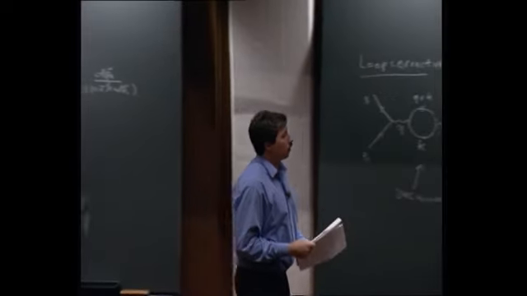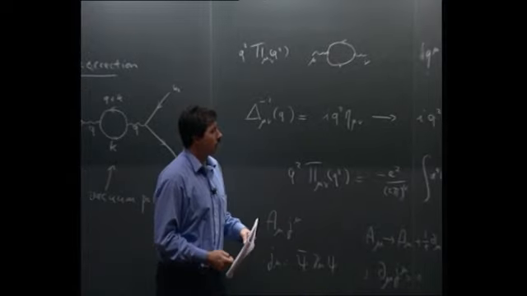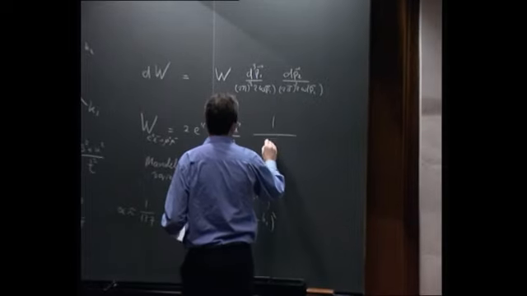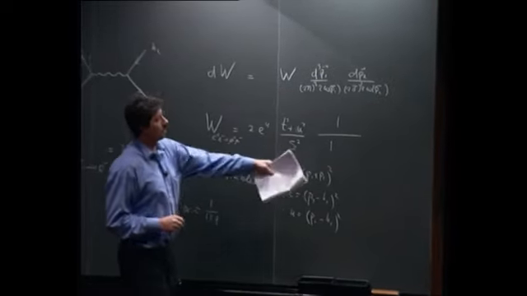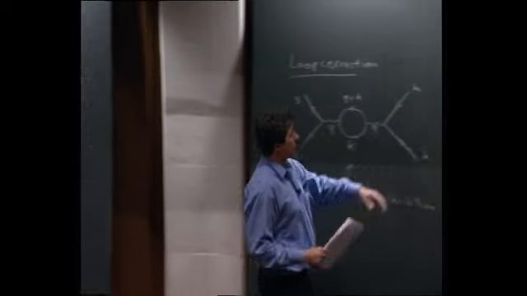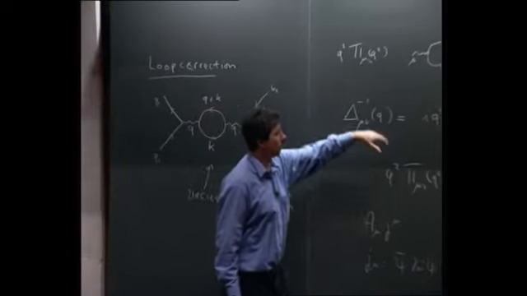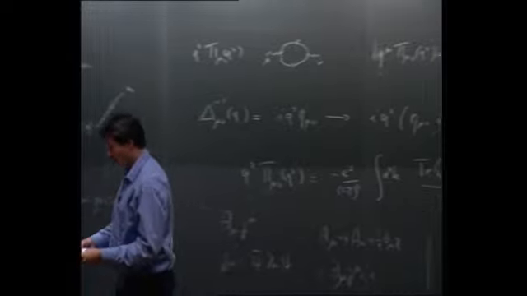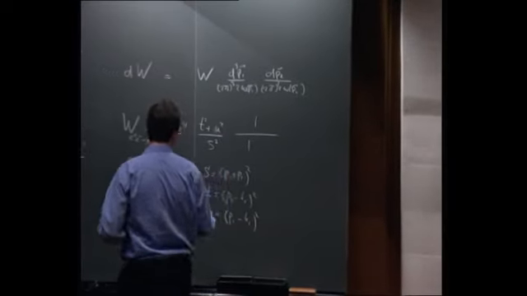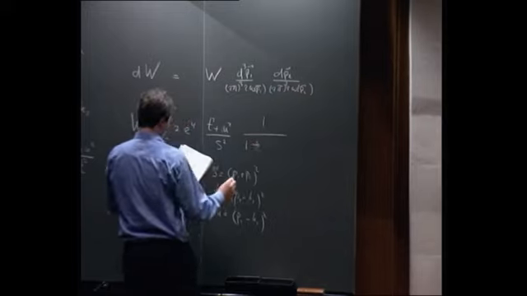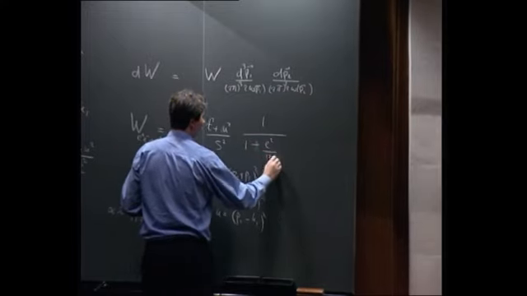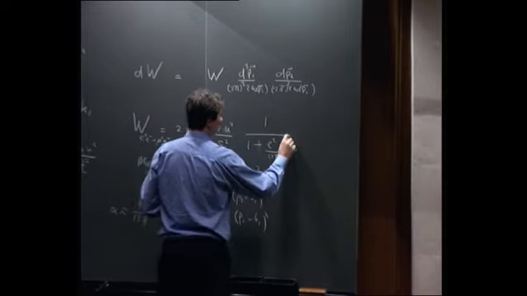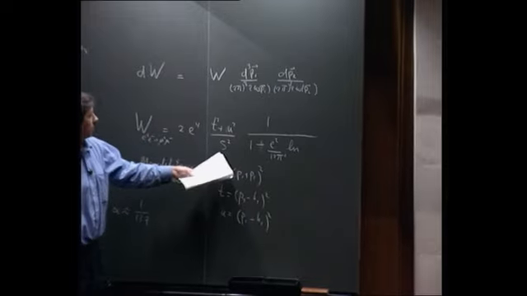It will modify it in the following way: I already had my original answer, which I can write as 1 over 1, and then there will be a correction coming from the inverse propagator. The fact that I wrote down the inverse propagator tells you that this correction will come in the denominator of my answer. So in here I'll get 1 minus e squared over 12 pi squared times the logarithm of q squared, and q squared is nothing but s.